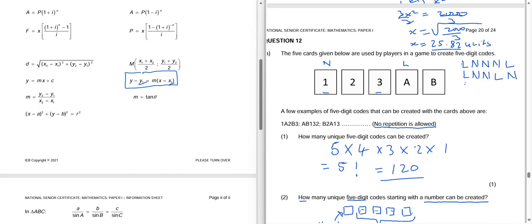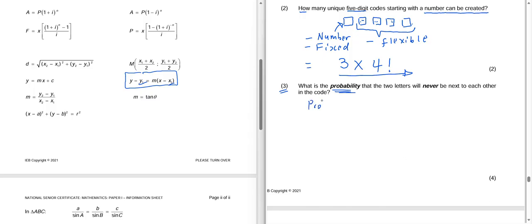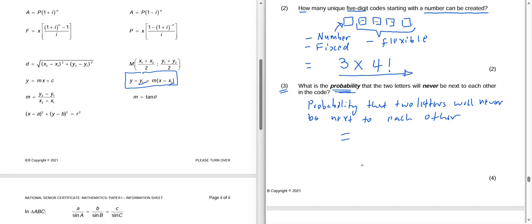The indirect way is the one that we need, because we are going to say the probability that two letters will never be next to each other is equal to 1 minus the probability that the two letters will be together. That is the only thing.